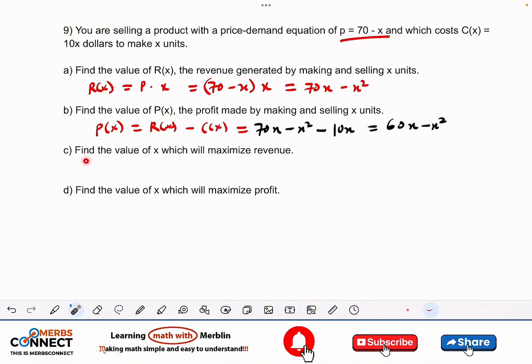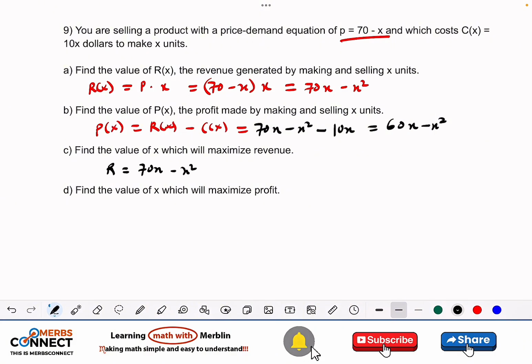Next question is find the value of X which maximizes the revenue. To maximize the revenue, we need to differentiate it and look for the X value that will make it 0. Our R is equal to 70X minus X squared. So what will be R prime? It will be 70 minus 2X.